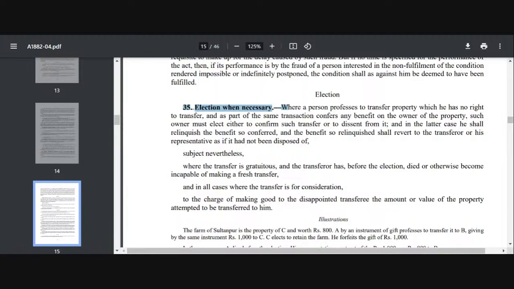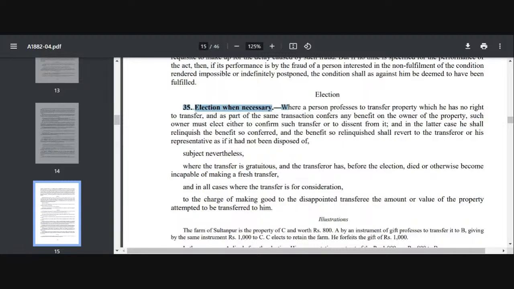And there are rights of the transferee also. A disappointed transferee has some rights. Say I wanted to transfer your house, and for that I'm giving you a gift of some money. Now you are not accepting that gift. In that case, the person to whom it was going to be transferred is a disappointed transferee.